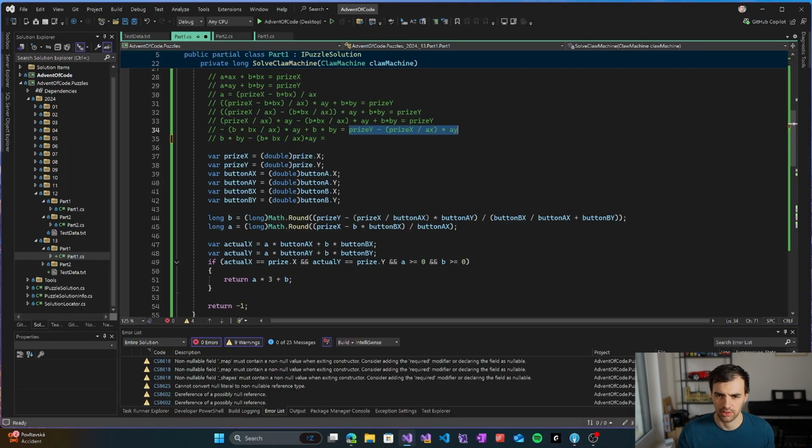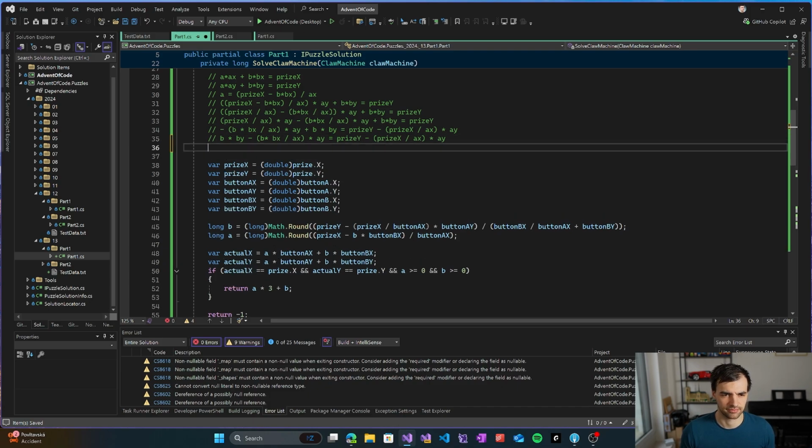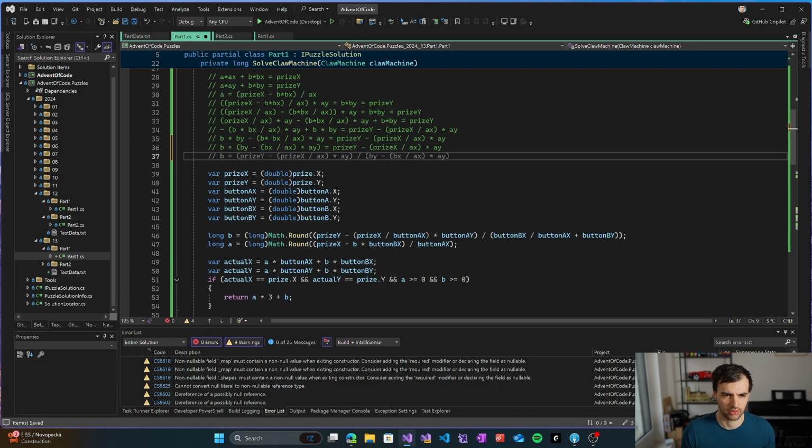Let's stop it anyway. So this, and now, yes, that's much better. So B times BY minus BX divided by AX times AY equals this. So B equals AY divided by BY. Okay, that seems better, hopefully.